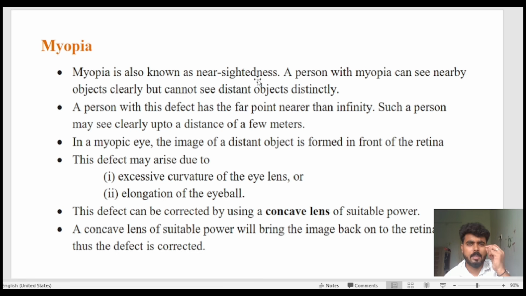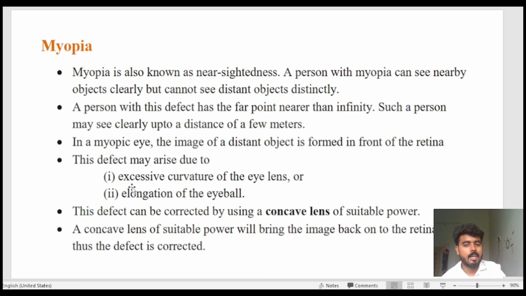If something has happened to your eyes, you're getting some defects, right? The reason for myopia is excessive curvature of the eye lens and elongation of the eyeball. The eyeball will be bulged. So if you are suffering from myopia, these are the two reasons.